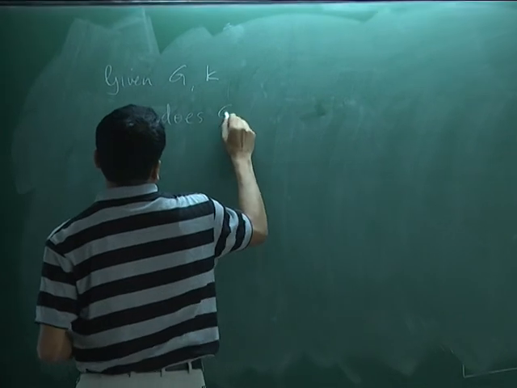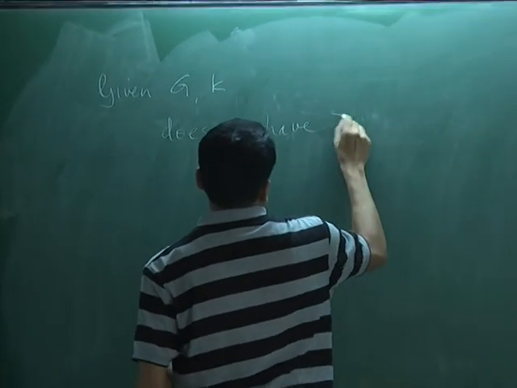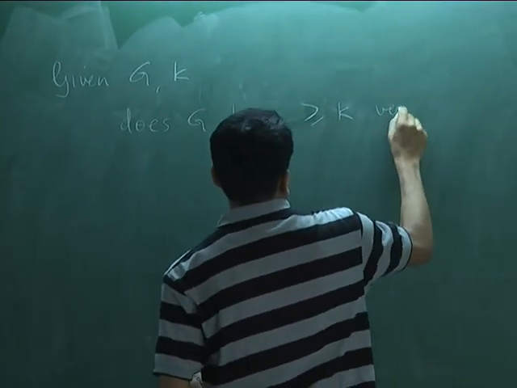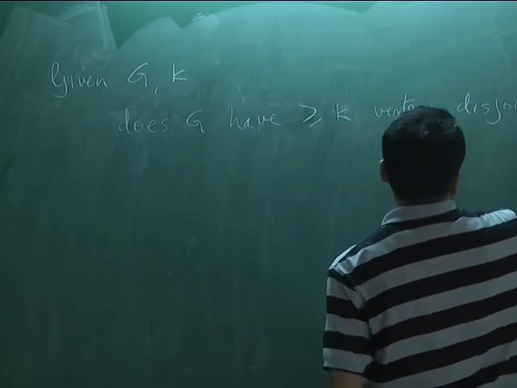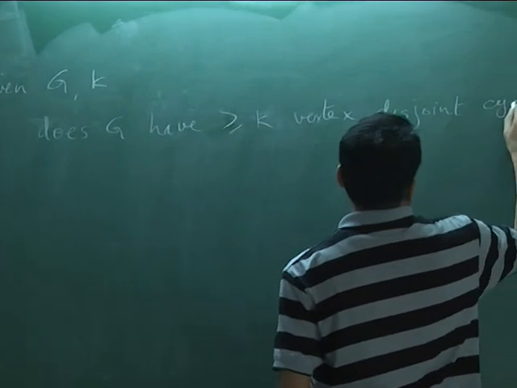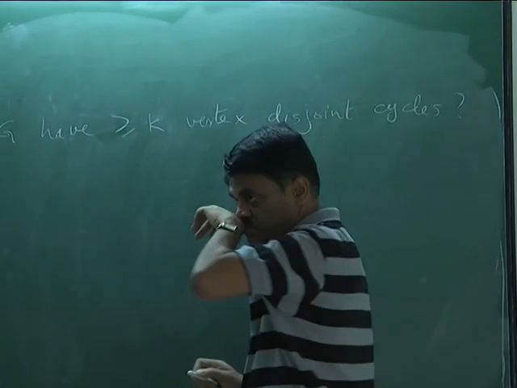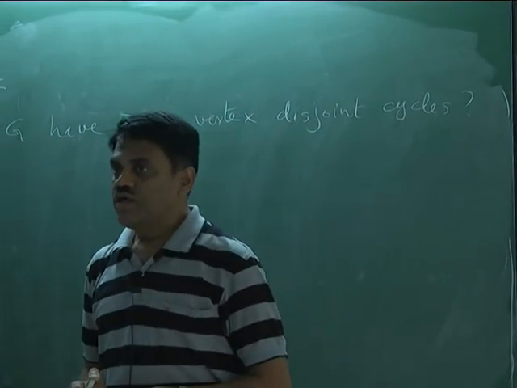Undirected graph, k vertex disjoint cycles.